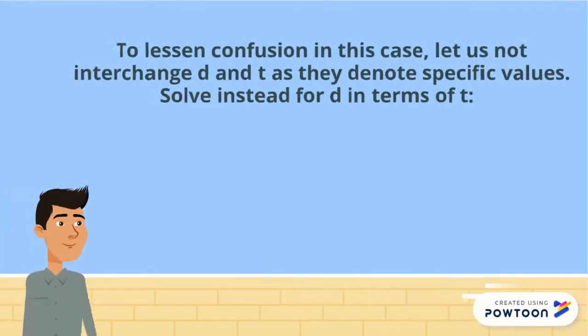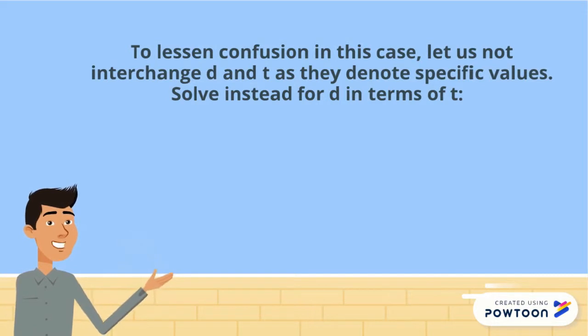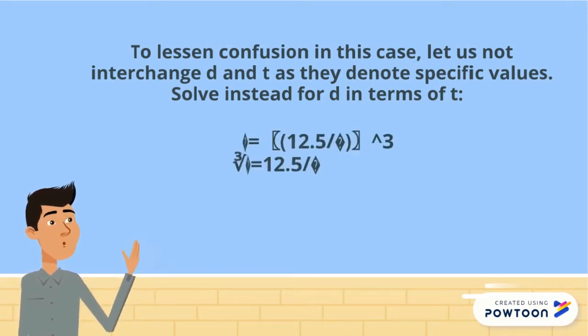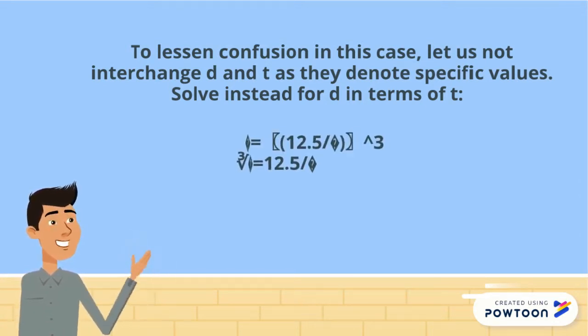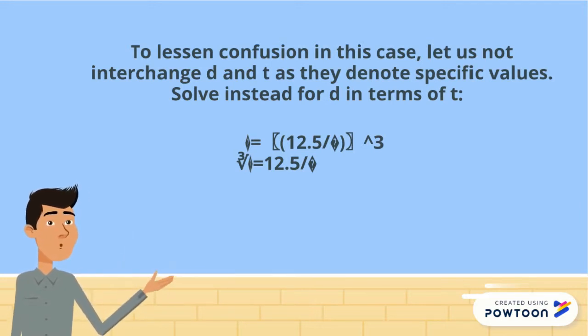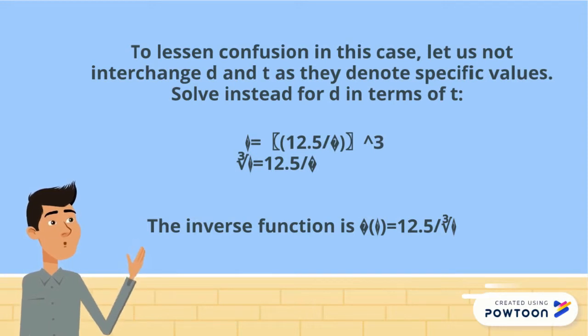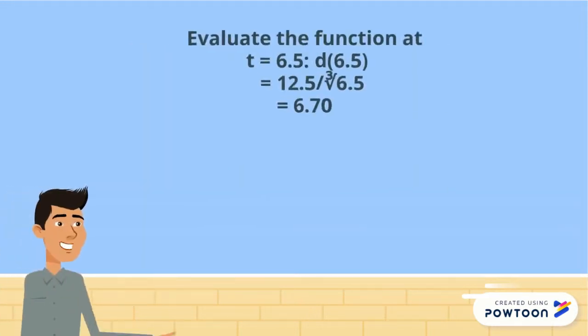To lessen confusion in this case, let us not interchange d and t as they denote specific values. So we get the cube root of t is equal to 12.5 over d, and the inverse function is d of t is equal to 12.5 over the cube root of t.